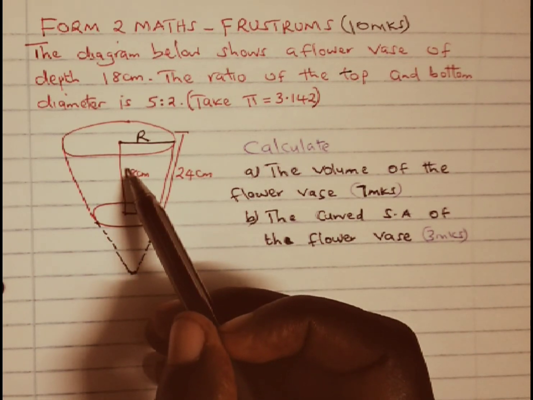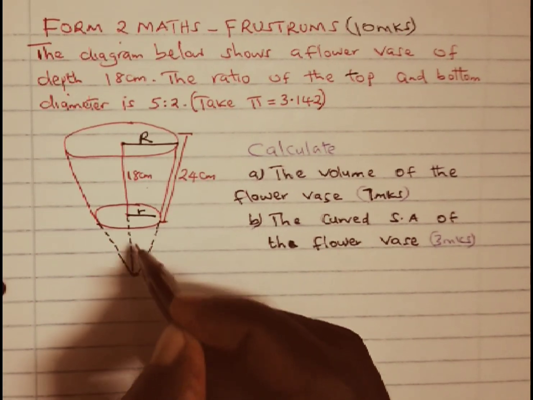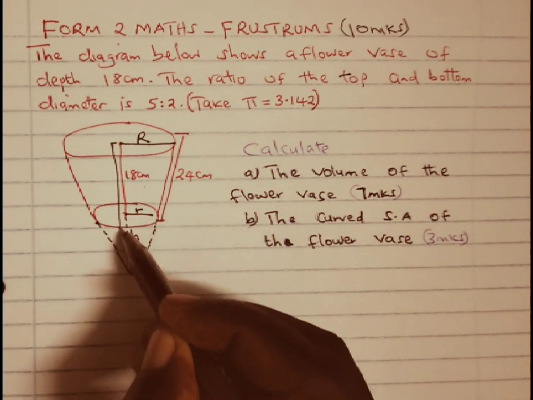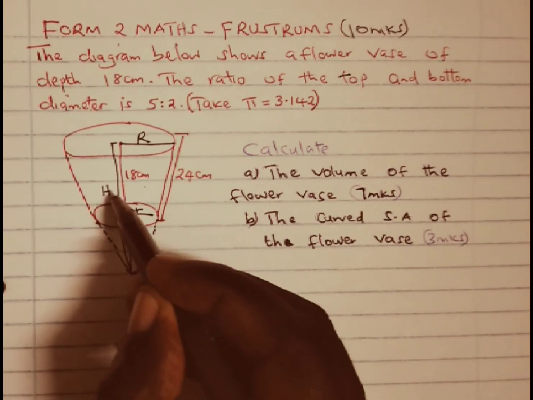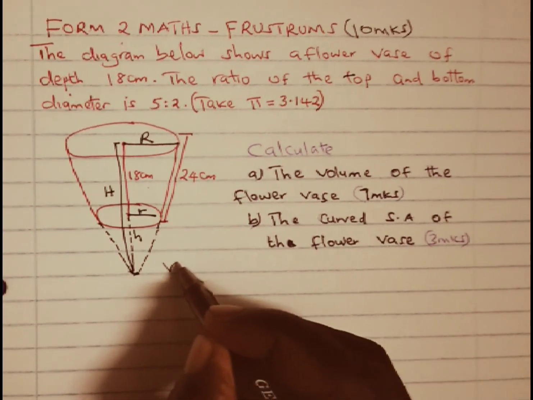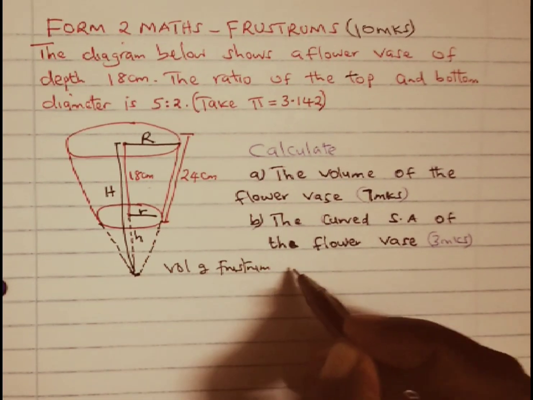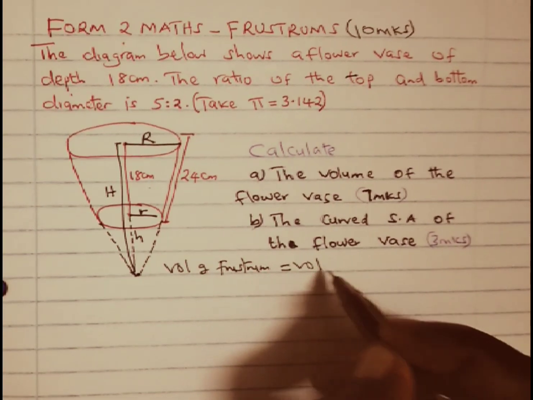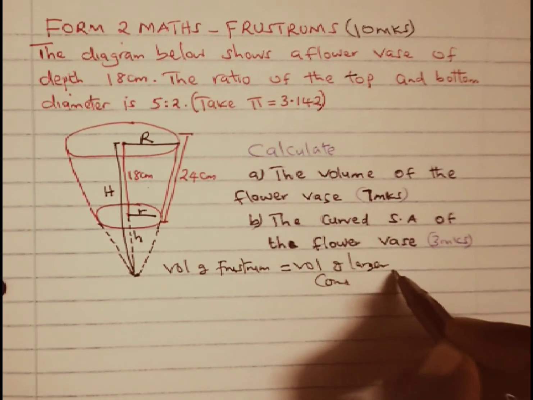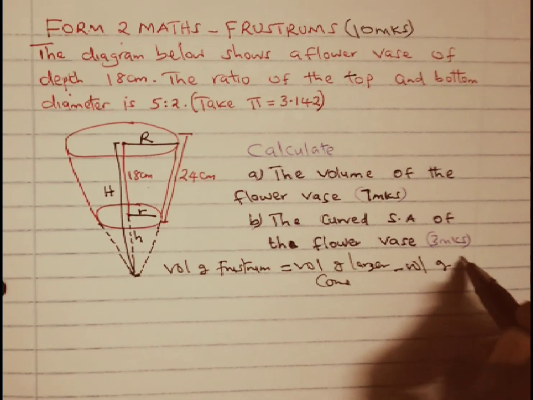Equally, we need the height of the small cone and the height of the entire cone, which we can call capital H. First, to get the volume of the frustum, we take the volume of the larger cone minus the volume of the smaller cone.